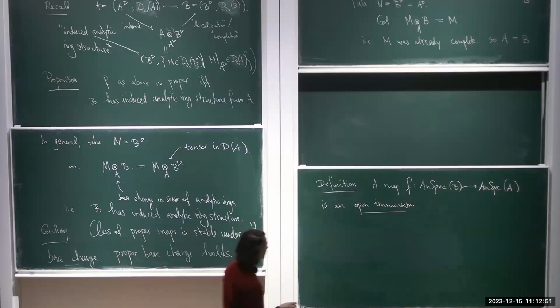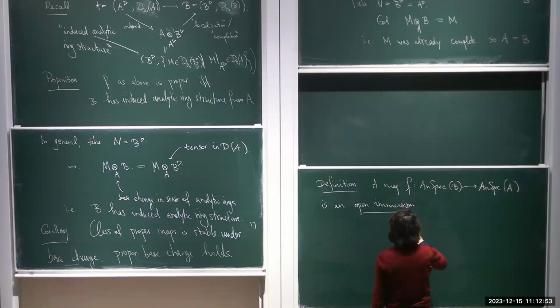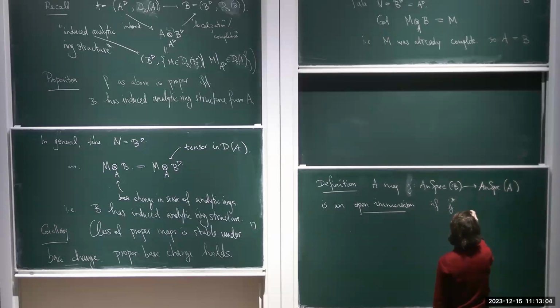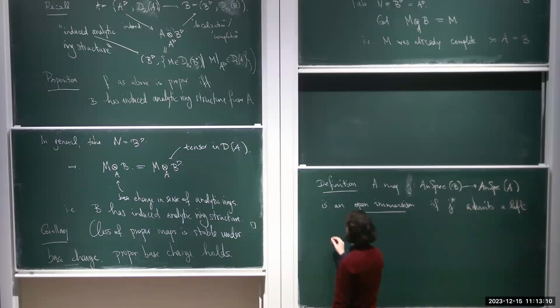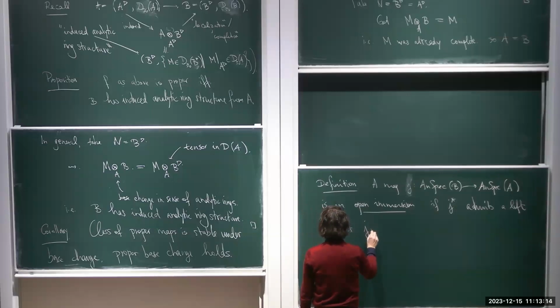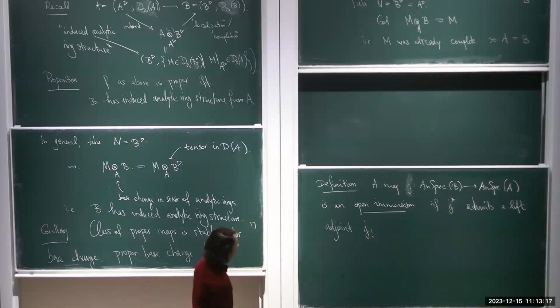I will give examples in a second. Let me actually call it j, just for psychological comfort. It's an open immersion if the pullback map, like base change of modules, admits a left adjoint, satisfying the projection formula.